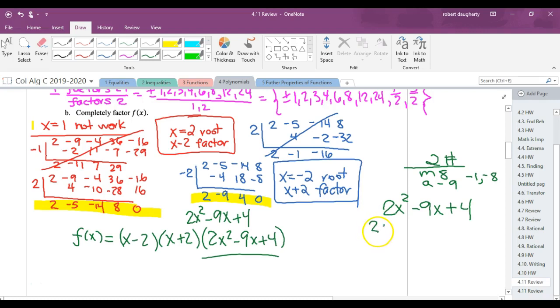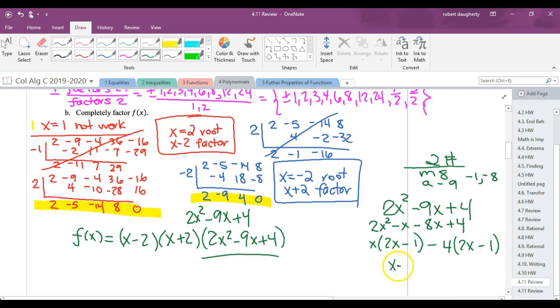So this is 2x squared minus x minus 8x plus 4. Factor by grouping. x, 2x minus 1, minus 2, and, excuse me, I can factor out a 4 there. So minus 4, 2x minus 1.